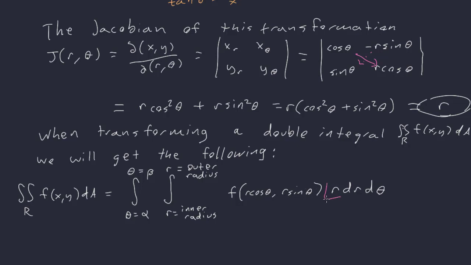The r is the Jacobian. It just comes out to be r.